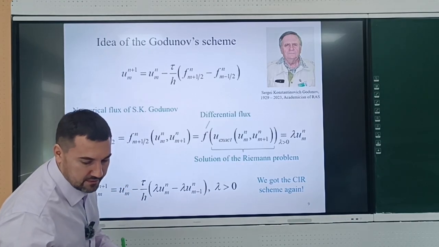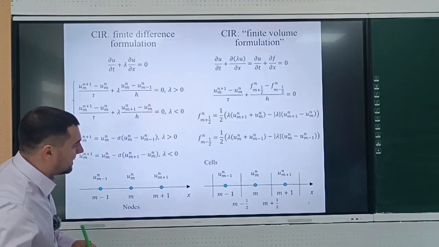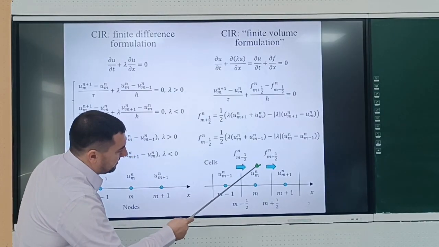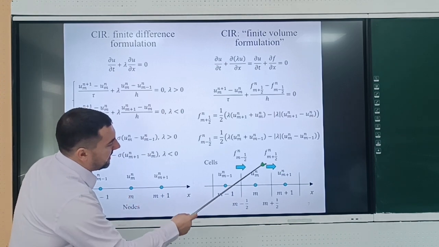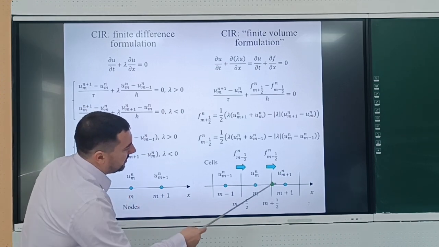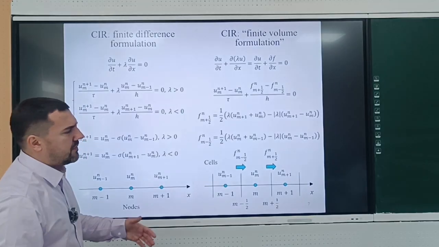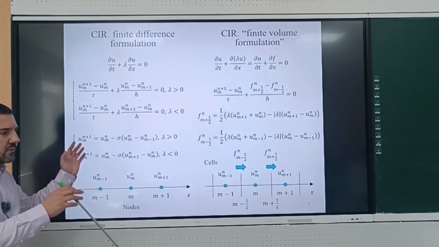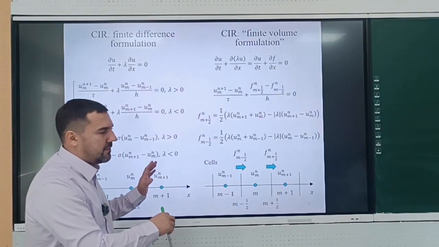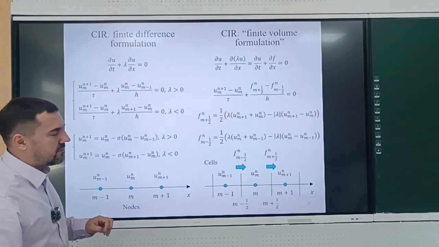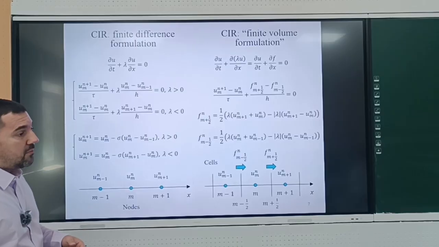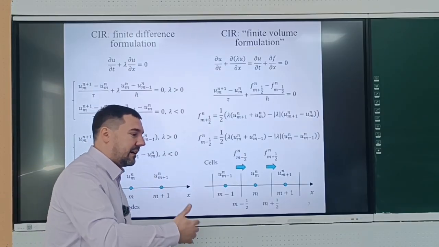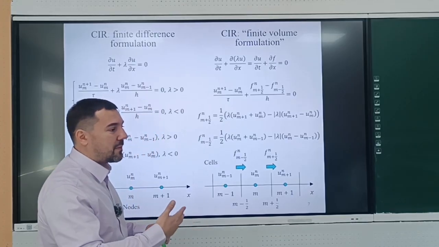That is, to compute the numerical flux, let's assume that it depends only on u_m^n and u_{m+1}^n. This follows from what we also discussed today: all these equations that we would like to solve are hyperbolic, and hyperbolic equations are characterized by finite velocities of disturbance propagation.